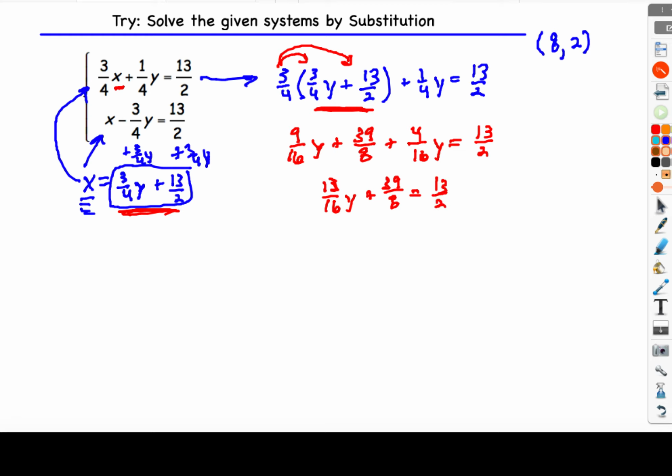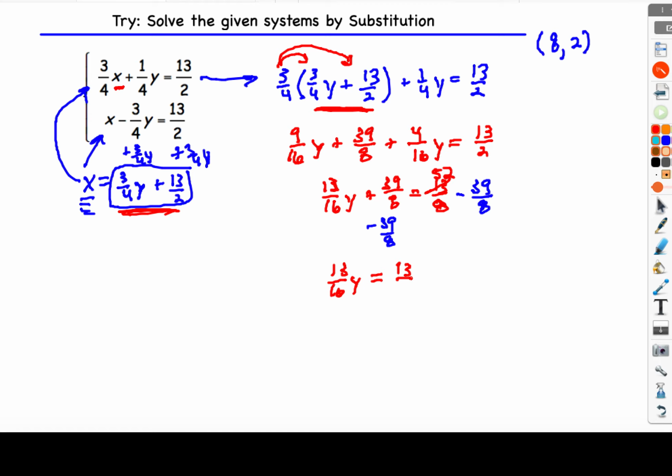In that case, I'm going to go ahead and subtract my 39/8, right? Not the prettiest of numbers, but again, it's just a fraction. So again, we're back to 13/16 of y is equal to, again, if we're going to multiply the bottom by 4 to make this into an 8, I need to multiply the top by 4, which is going to be a 52. 52 minus 39 is 13.